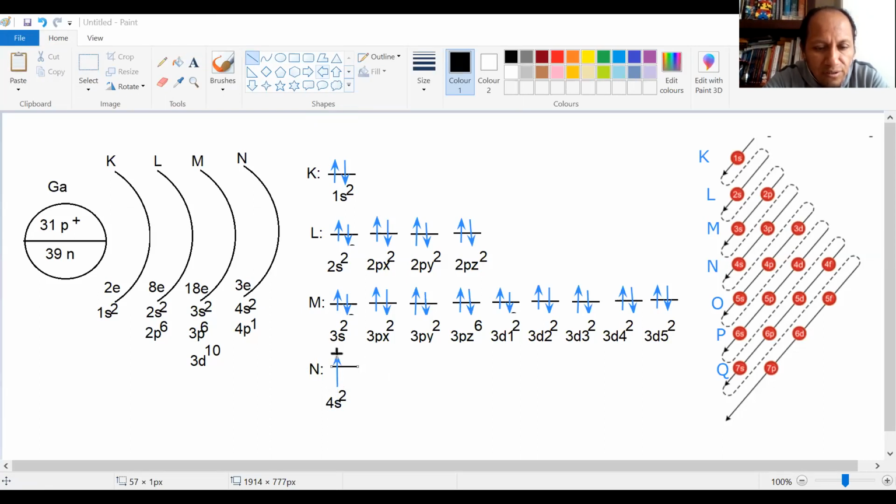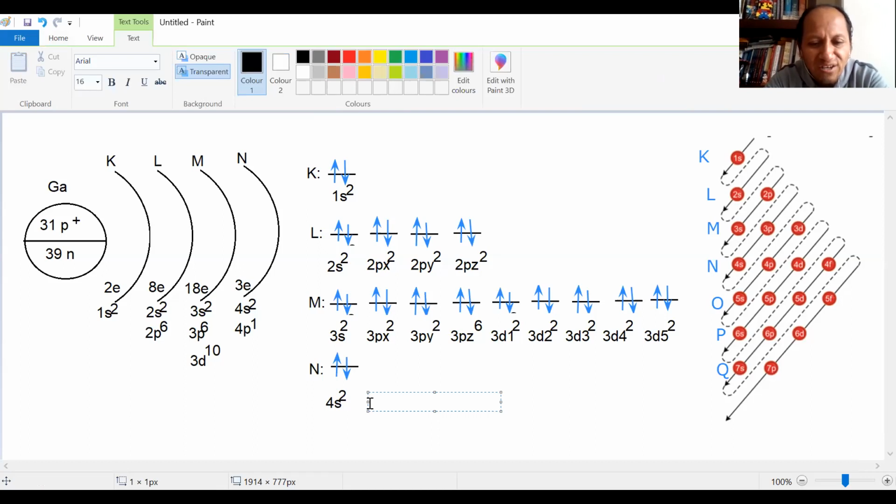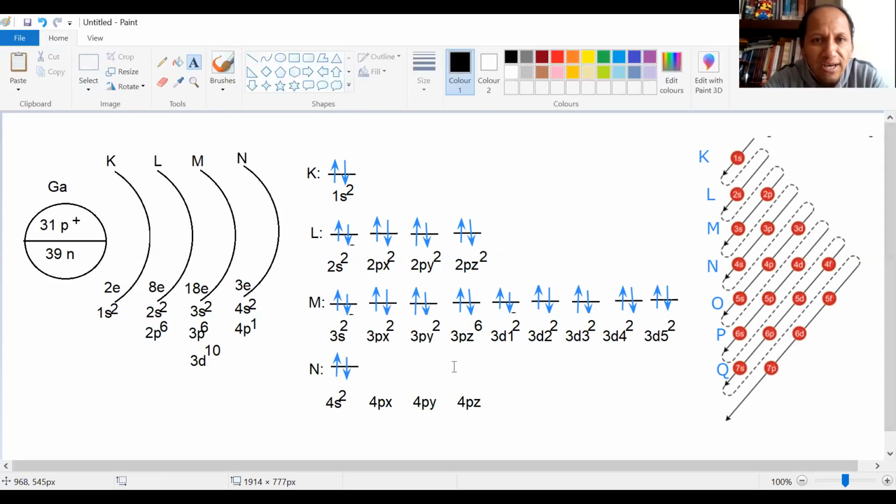1 electron and 2 electrons. Good. And also it says that you have a 4p1, and here comes the magic, because we know the p fills with 6 electrons, so you're supposed to put the following: 4px, because it's 3 pairs, 4py, and 4pz, and you have to draw the lines here.